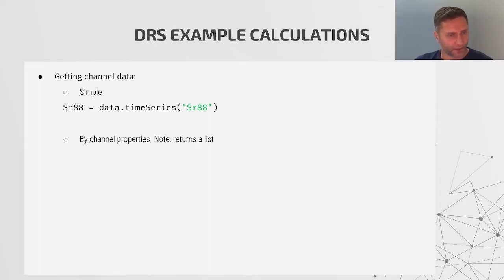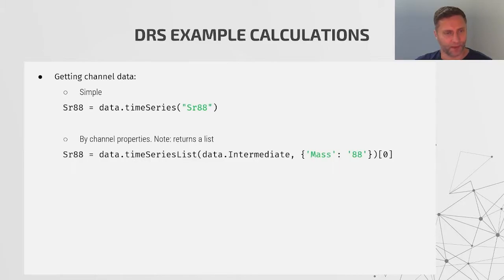One way is by using the channel properties. And we get that by calling data.timeSeriesList. And in this, we list what type of channel we're looking at, so if it's an intermediate channel or an input channel. And then we pass a dictionary of channel properties that we want to select by.